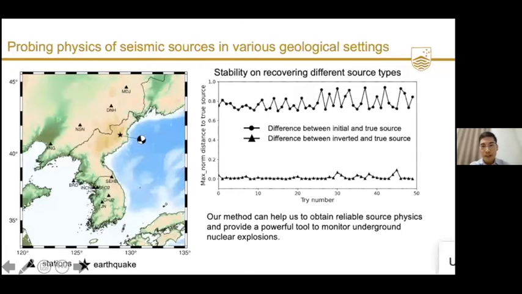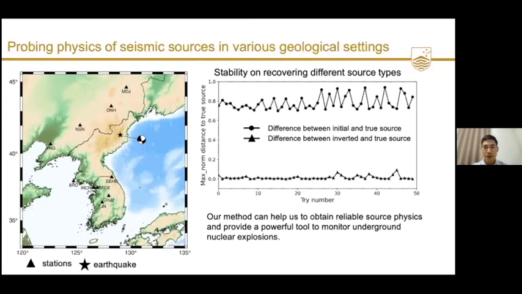To validate our method, we did a lot of synthetic experiments in different geological settings. For example, here is a test case located in North Korea. This is a map of the region showing the earthquake location as a black star and the 10 seismic stations used to generate waveforms, which we use as the recorded signals.